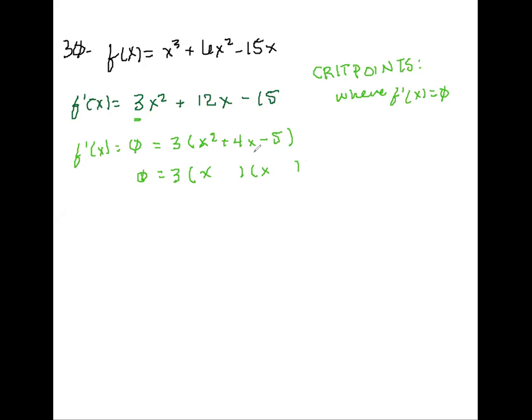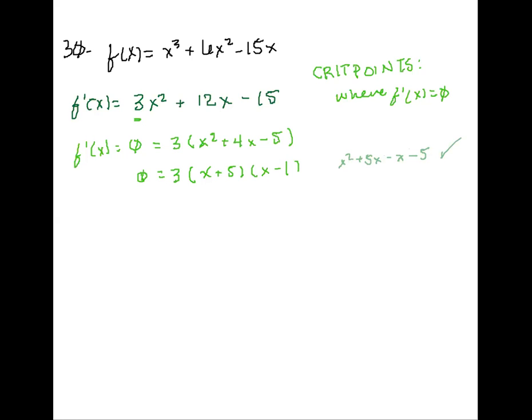How would you factor this? And then we just want to be sure, so I'm going to go ahead and say that this is x squared plus 5x minus x minus 5, which is exactly what I have up there, so I'm good.